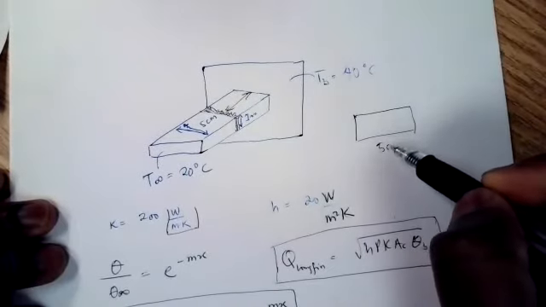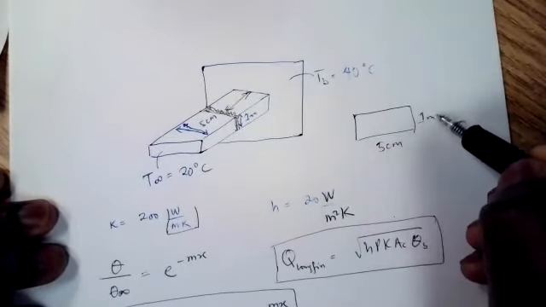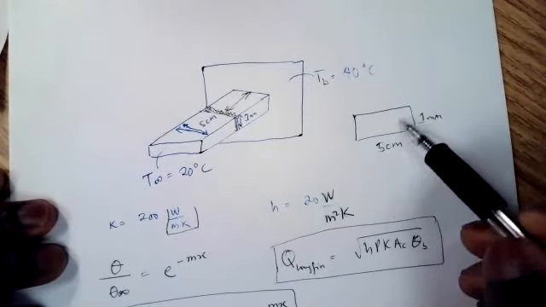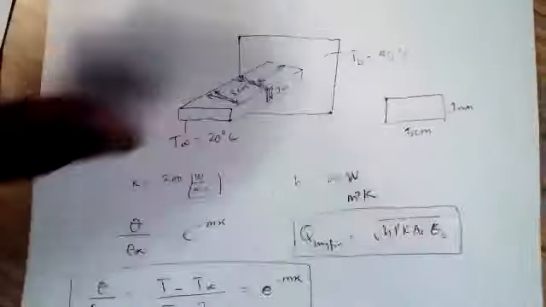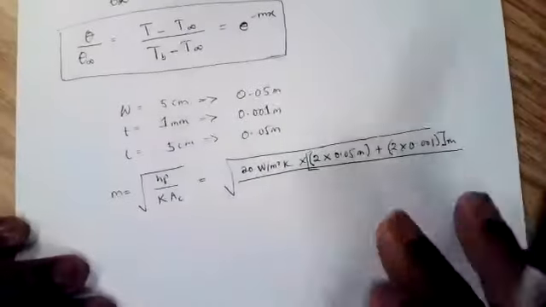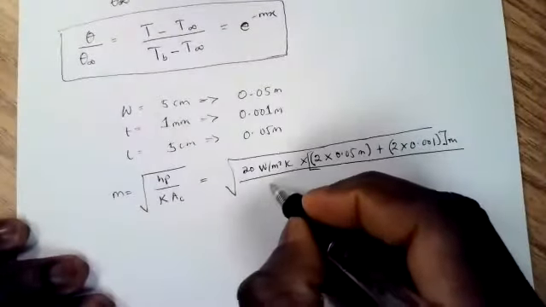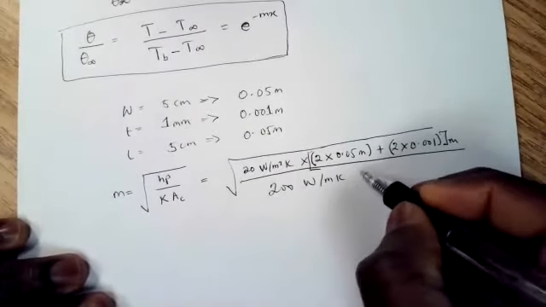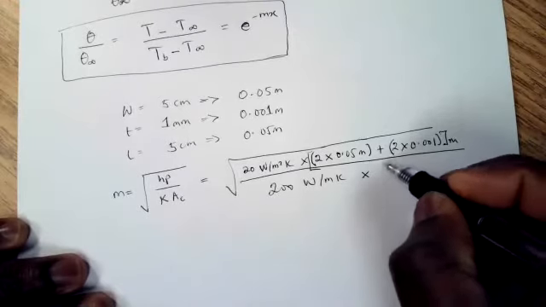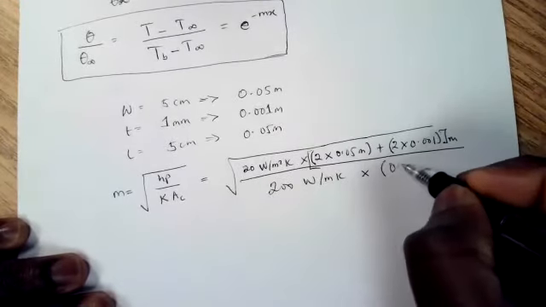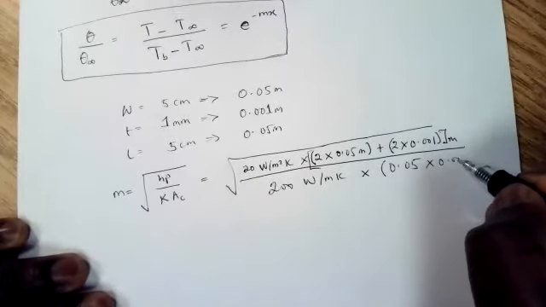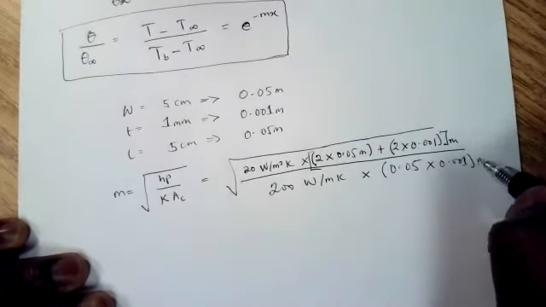We're going to have 5 cm by 1 millimeter, okay? And that is the area of convection, all right? So we're now going to multiply k, which is 200 watts per meter Kelvin, by 0.05 multiplied by 0.001 meter square.